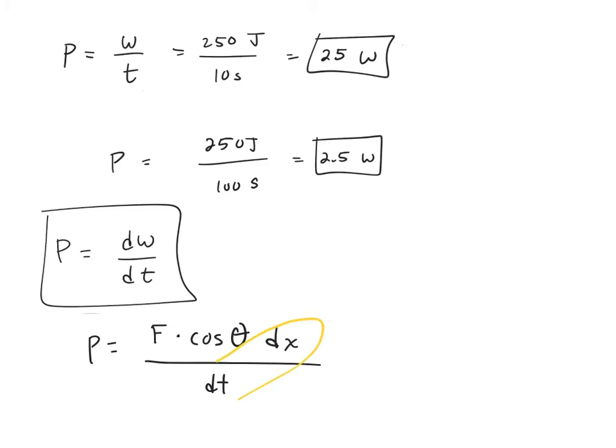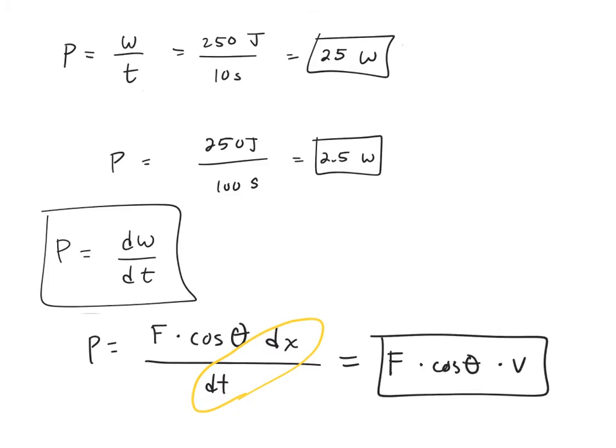And what is dx over dt? What did we just say a little while ago? What is dx over dt? Velocity. So if I want to find the power at an instant, I can do the force times cosine theta times the velocity. Our second formula that we'll use here.